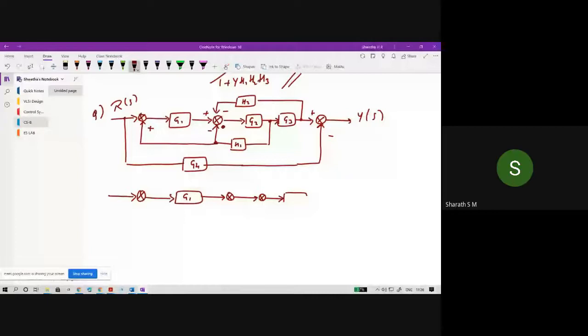What about this takeoff point? Sir, here we have a takeoff point in between G2 and G3. So where we need to shift it, either to the right or to the left, to make G2 and G3 in series.